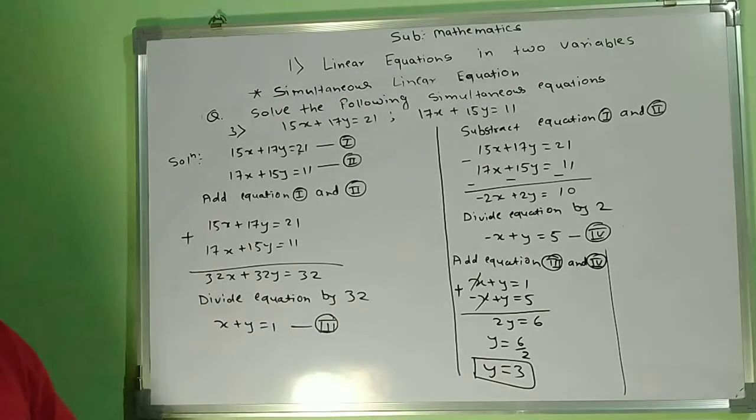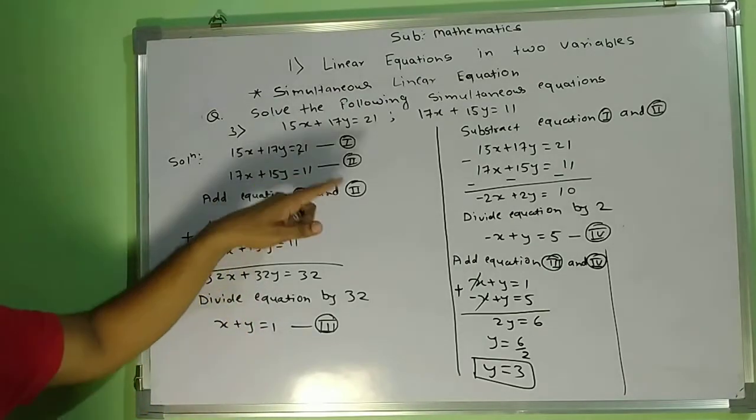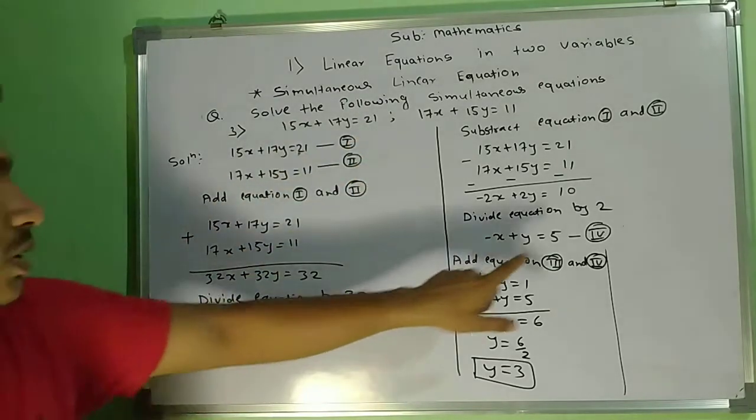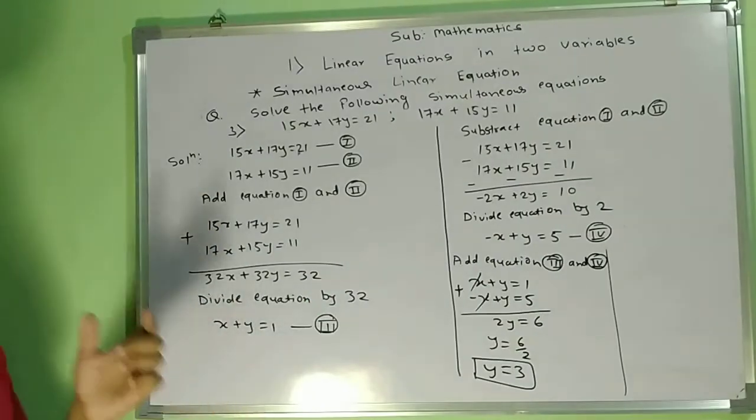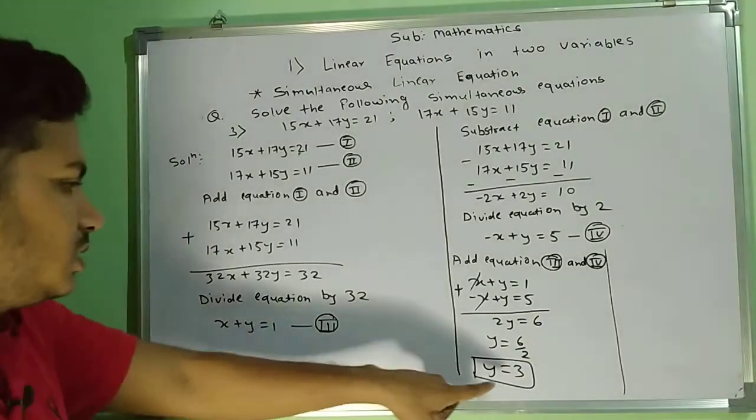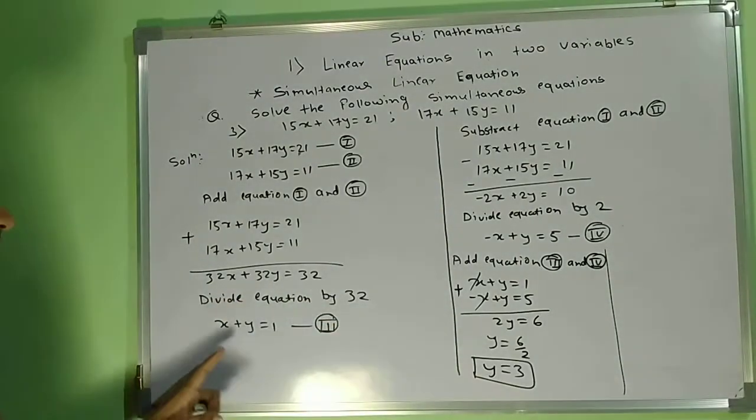So that value of y we can substitute in any of the equation 1, 2, 3 or in 4. Wherever we can substitute that value of y, we will get the value of x. Suppose we are substituting that value of y as a 3 in equation number 3.